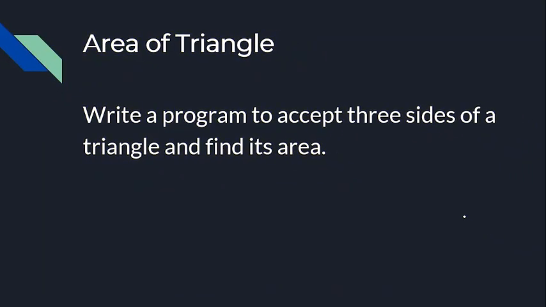So the question goes like, you have to accept three sides of a triangle and you have to find its area. So it is finding the area using Heron's formula. So let's see what exactly it means. Suppose I have taken the three sides as A, B, C. The first thing I need to do is find its semi-perimeter, that is (A + B + C) divided by 2.